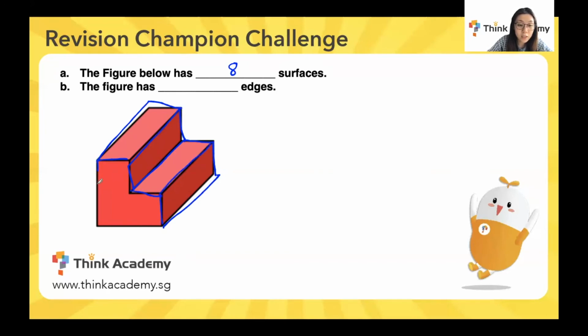And then we have 14, 15, over here behind, 16, 17, and we have one last one which is at the back, and 18. Okay, so in total we have 18 edges. Alright?